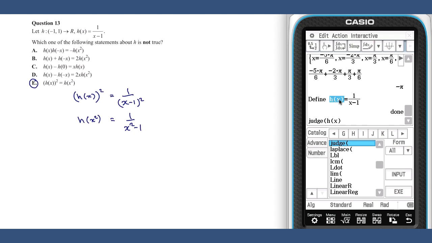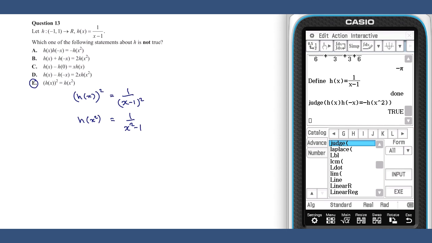And we can judge each expression in turn if required. So the first statement about h of x is true, and we could eliminate options until we found a false one using this method.